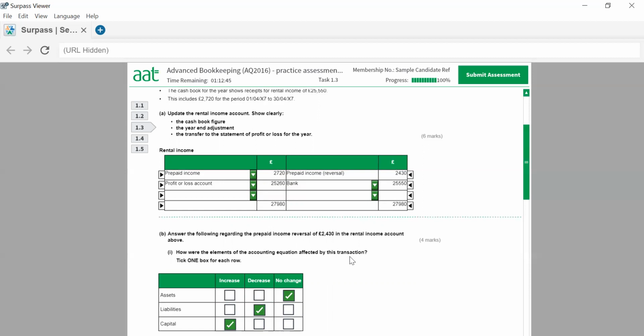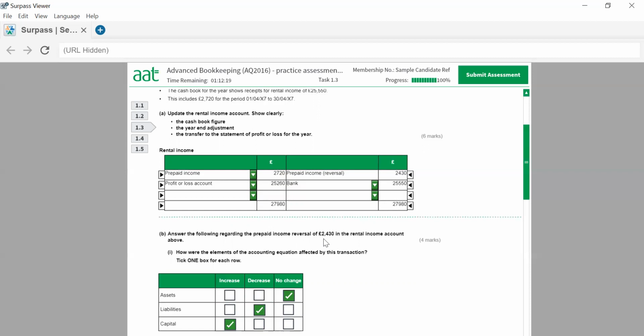As far as the liability is concerned, it will decrease it, because this 2,430, which is prepaid income, is unearned income. That's why we class it as a liability. We've received it, but we've not yet earned it. So it's a liability, because we still need to do the work, or rent out the accommodation, to get the income.